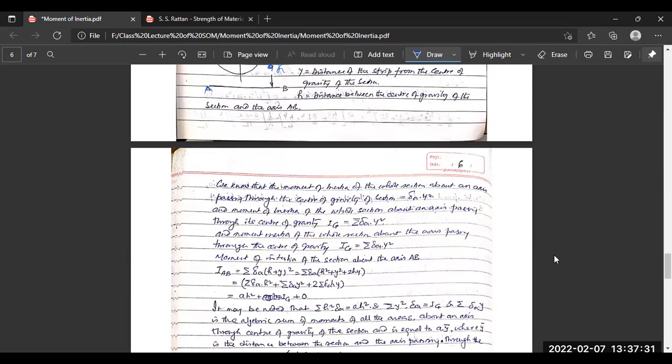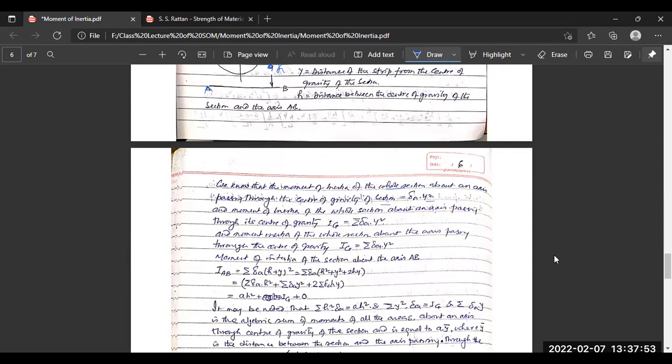Now we know that the moment of inertia of the whole section about an axis passing through the CG of the section is given as the area multiplied by the square of the distance from the CG.